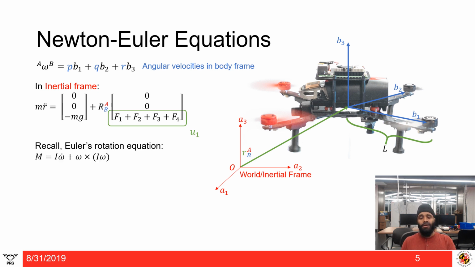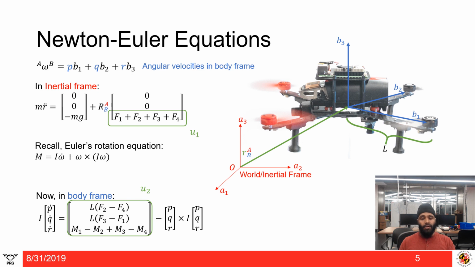And you remember Euler's equation. The general form of Euler's equation is given by M equals I times omega dot plus omega cross I omega. Now in the body frame, the net moment is I times P dot, Q dot, R dot, which equals L times F2 minus F4, L times F1 minus F3, and M1 minus M2 plus M3 minus M4, minus PQR cross I times PQR.